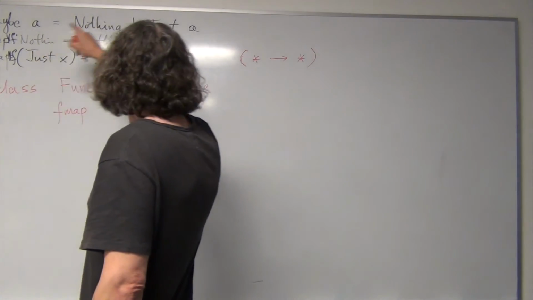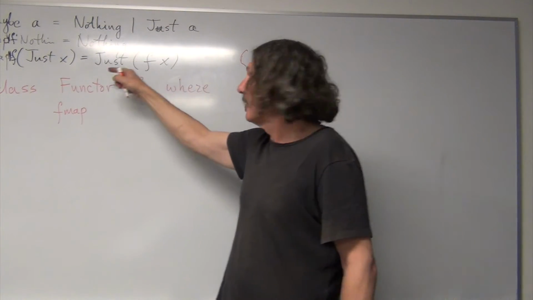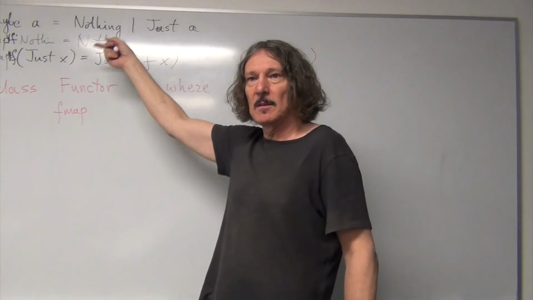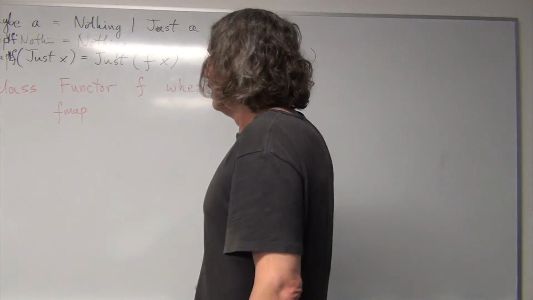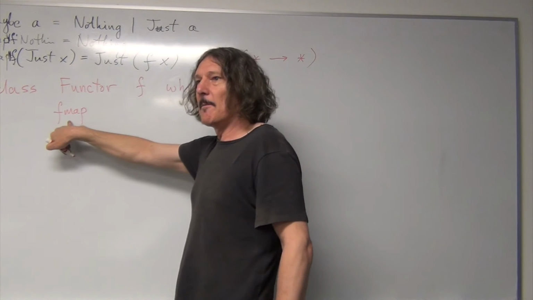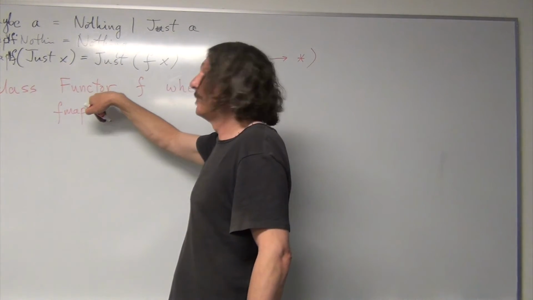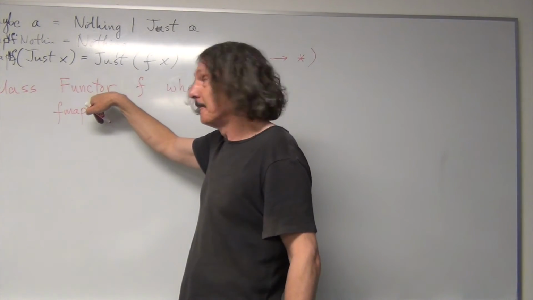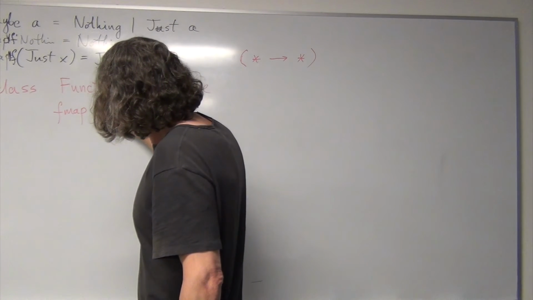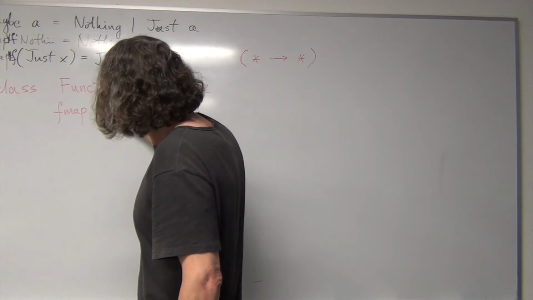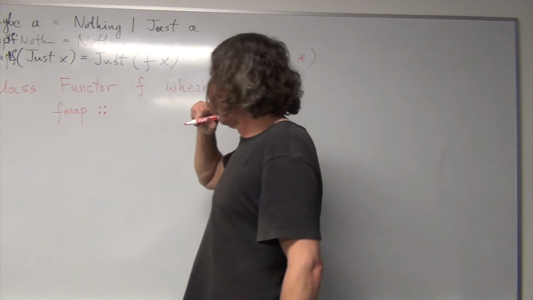So fmap is the generalization of all these maps: map tree, map list, map maybe. This is a method of the functor, you can say, that has the following signature.